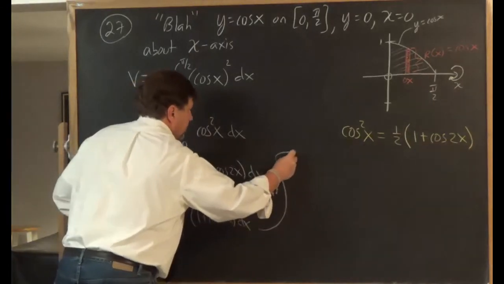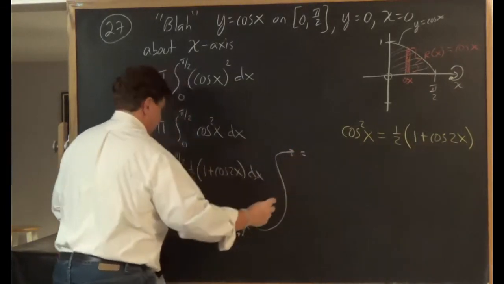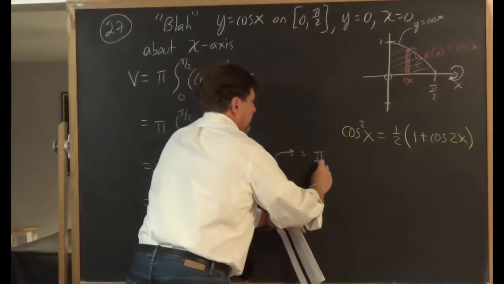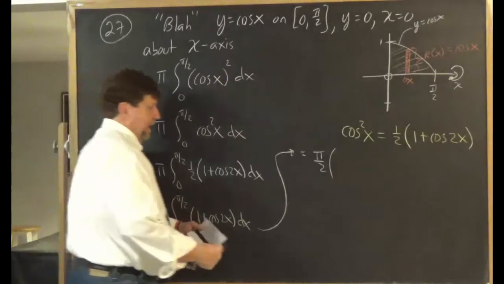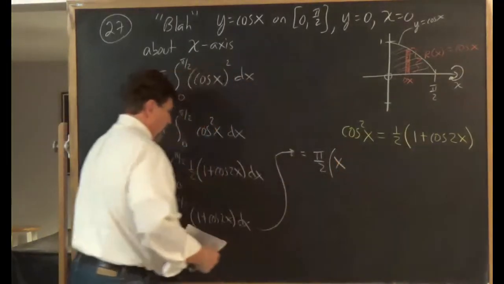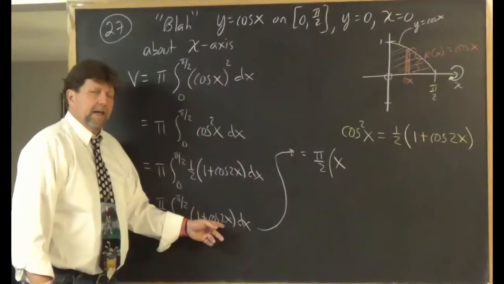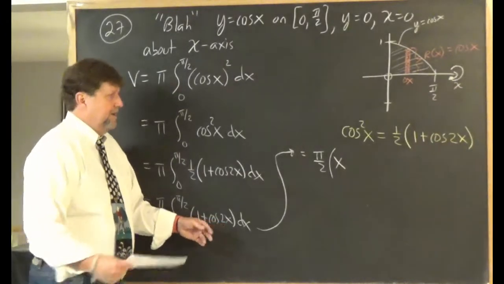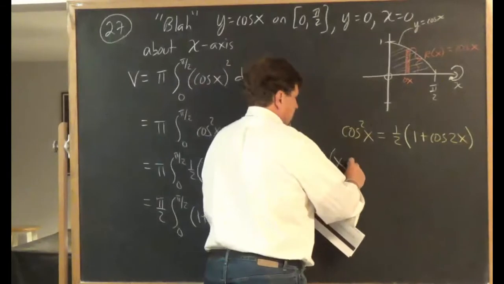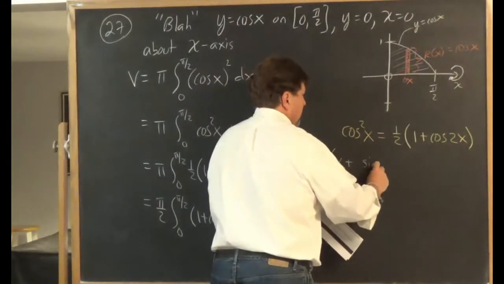And let me just pull that right up here. Get an antiderivative. So let's see, antiderivative of 1 is x. Antiderivative of cosine 2x. Well, we know the antiderivative of cosine is sine. So it's going to be a sine 2x.